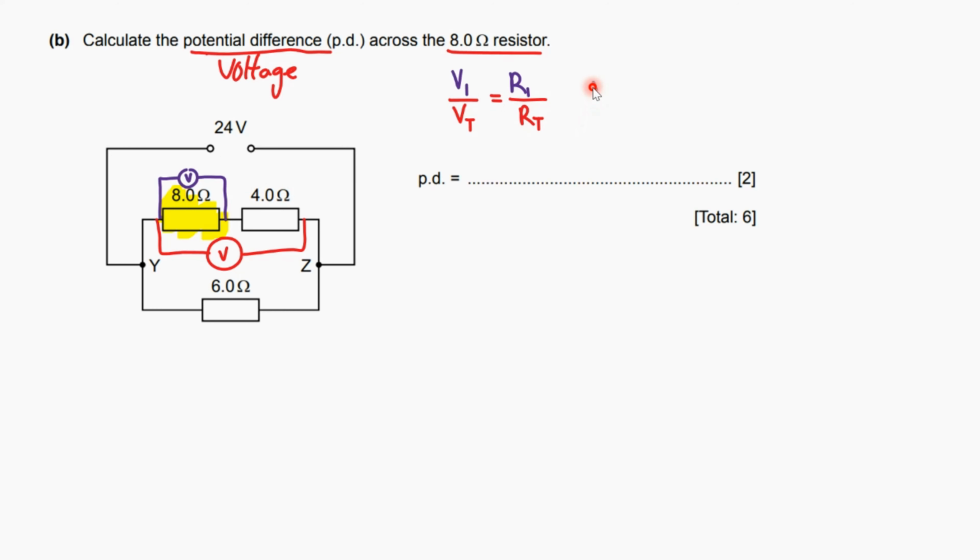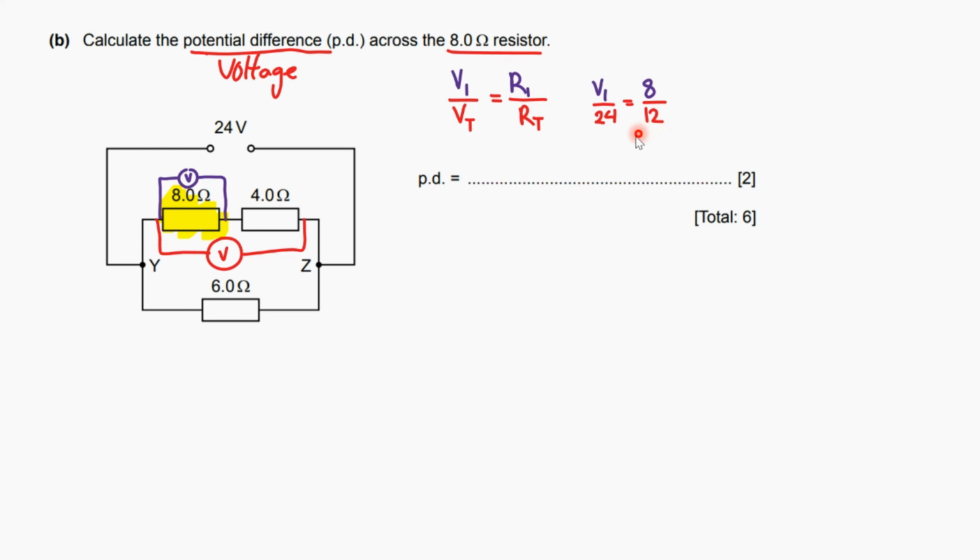The correct substitution starts with V1, this is the unknown value I'm looking for, divided by the 24 from the main power supply, equals 8 for the first resistor, divided by the summation of 8 and 4, they are in series. I already calculated from the previous step, it is 12.